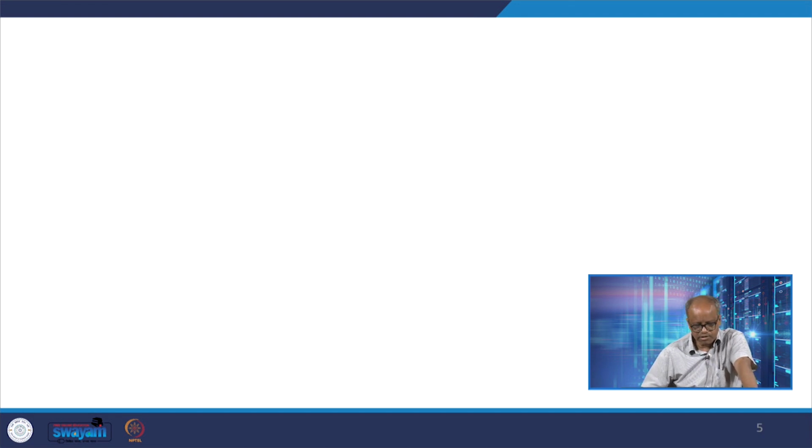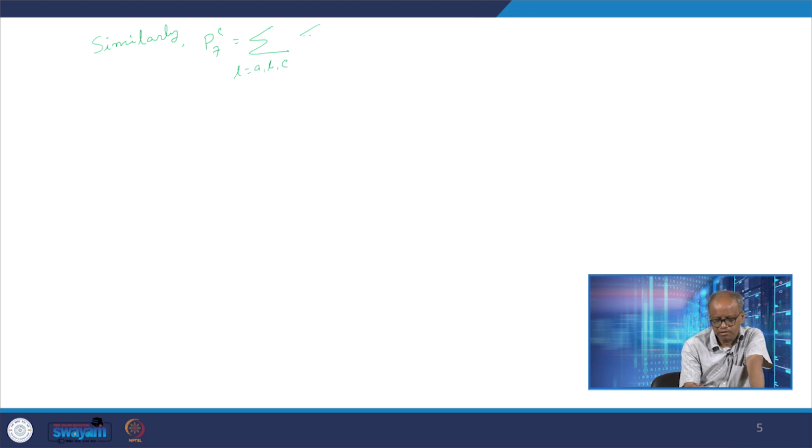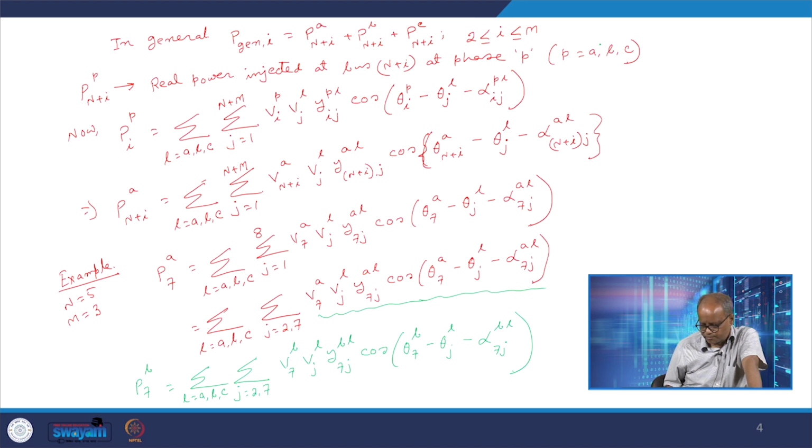In the same way, P7C would be the sum over l = A, B, C, j = 2, 7, of V7C, VJL, Y7JCL, cosine of (theta 7C minus theta JL minus alpha 7JCL).